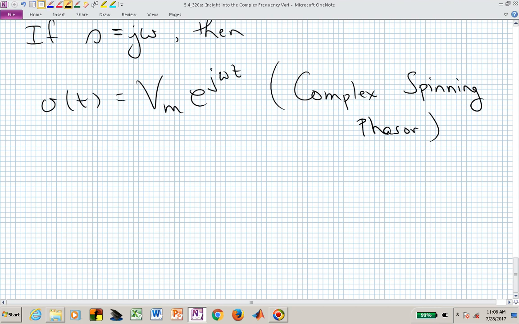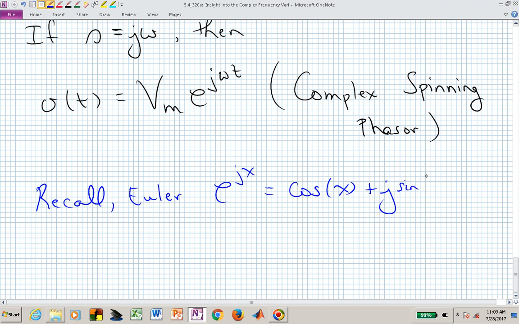Let's see if we can now make it a little bit more clearly understandable what's going on. We can again invoke Euler, which says that e to the jx is cosine x plus j sine of x.